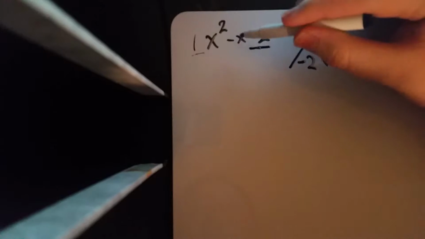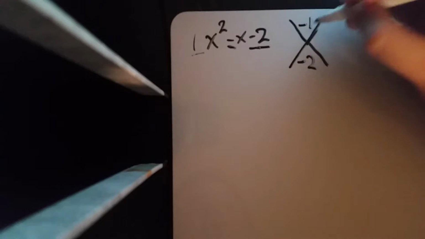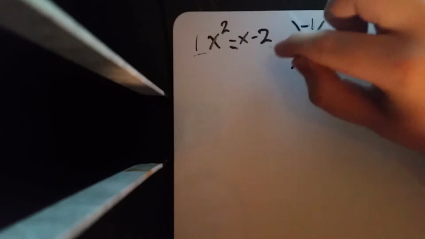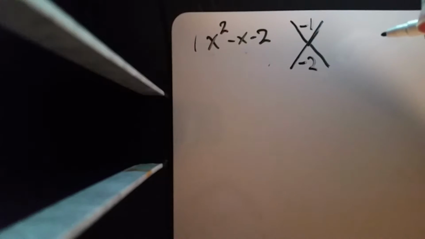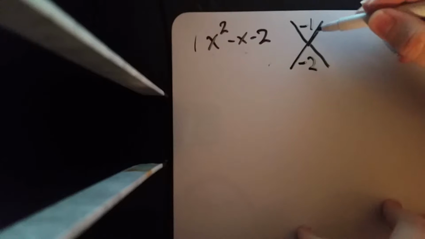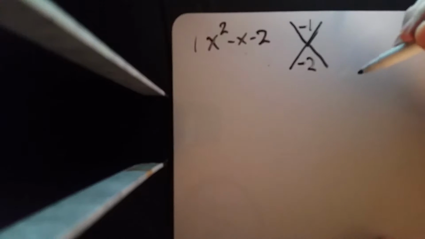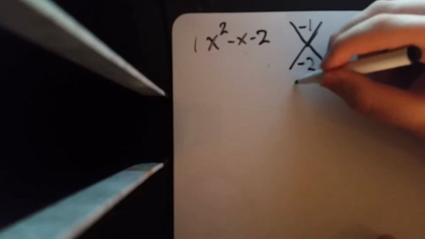And then you're going to take the middle coefficient. That would be a negative 1. Then you need to find numbers that multiply to negative 2, but add to negative 1. So this is where part of finding factors of normal numbers comes in handy.